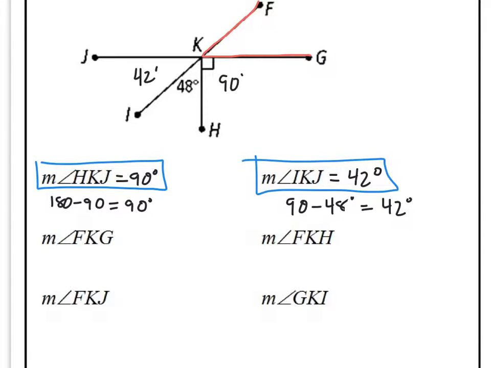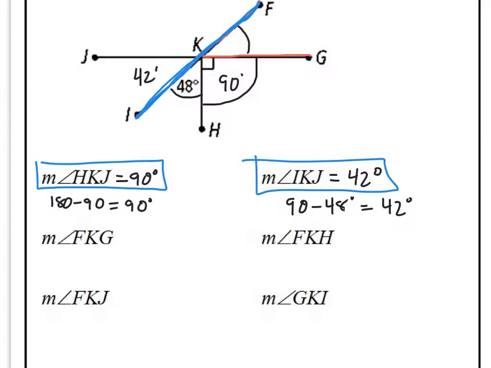I know that angle FKG plus this 90-degree angle plus this 48-degree angle forms the straight angle FKI.